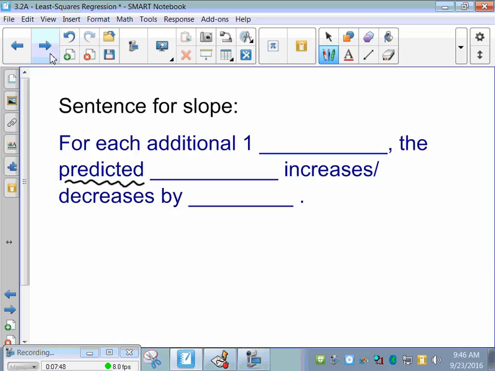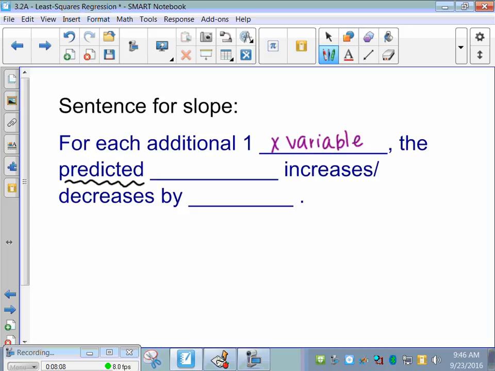Every time we do slope, your sentence will look something like this. For each additional one something, this one we just said, for every increase in 1 mile, and we're talking always about the x variable first.